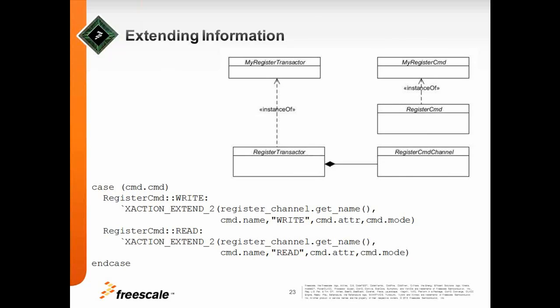But if you have additional attributes that you want to capture, like we have some attributes and some special modes that are associated with a transaction, you can use this extend macro that is then capturing to this stream and the message name these additional attributes. So you can extend and put additional information in there if you need, and normally that's needed.